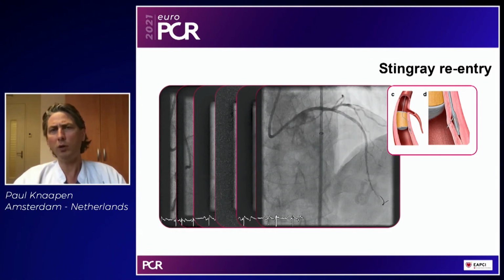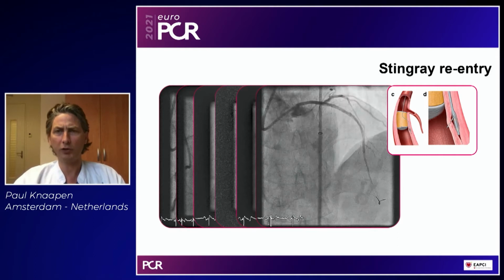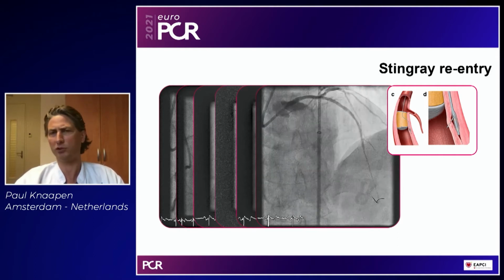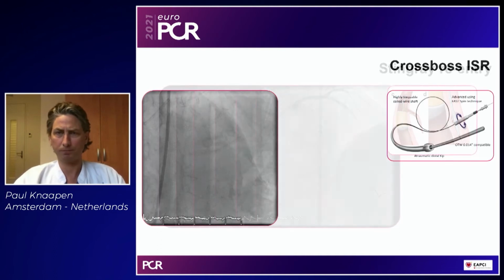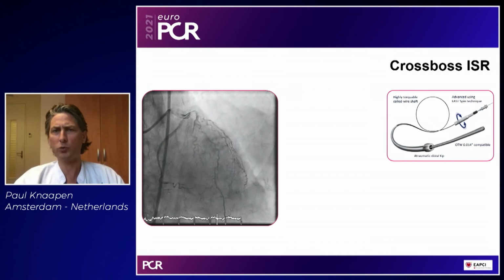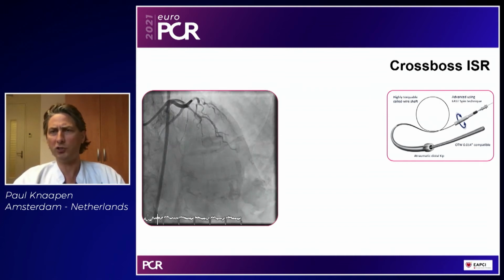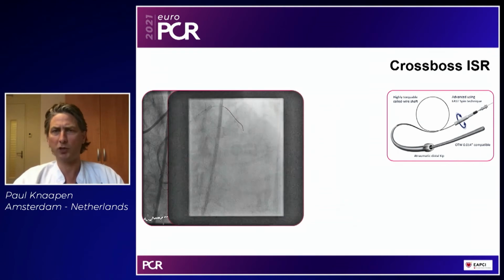So not only sticking to wire technology alone, never forget about the other tools that we have, double lumen catheters, triple lumen catheters, Stingray balloons, to help you get success. This is also that sometimes we don't always need wires. There's, for example, in-stent occlusion. We can use blunt dissection devices like the Crossbar, which has been popularized in the United States and in the UK, and is disseminating now throughout the world.